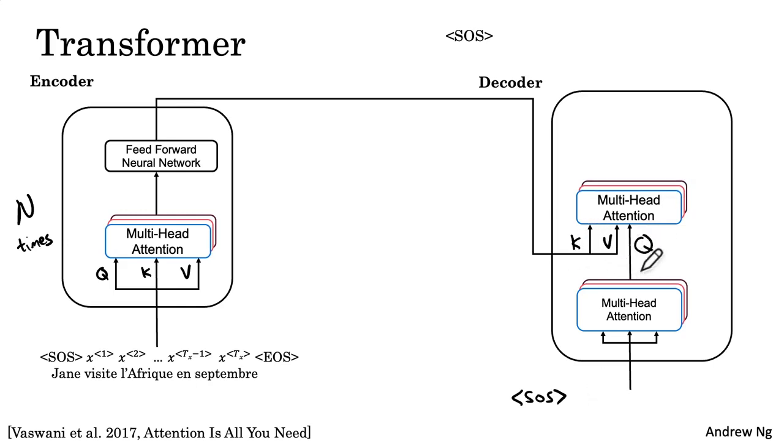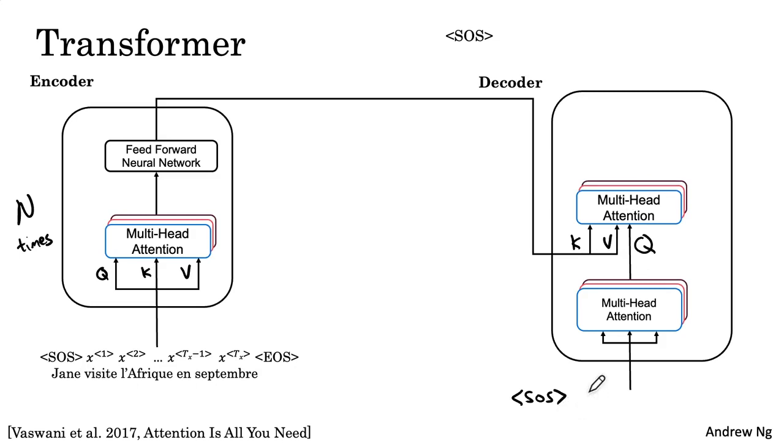Why is it structured this way? Maybe here's one piece of intuition that could help. The input down here is whatever you've translated of the sentence so far. And so this will ask a query to say, what of the start of sentence? And it will then pull context from K and V, which are translated from the French version of the sentence, to then try to decide what is the next word in the sequence to generate.